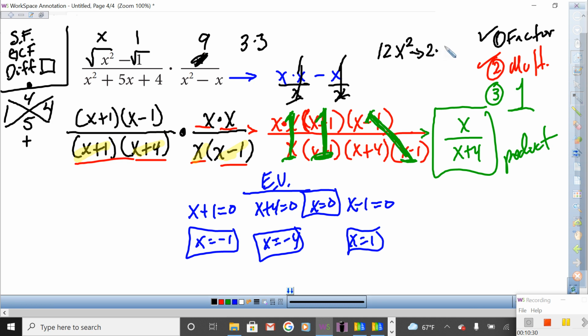Well, 2 times 2 times 3 times x times x. Factor it completely. Yes? All right. So, once again, any questions with the process for multiplication? No. Any questions what we're checking while we factor? No. Make sure you keep that in mind. Make sure you write it on your paper.